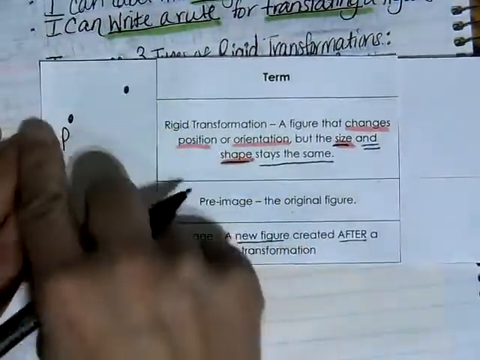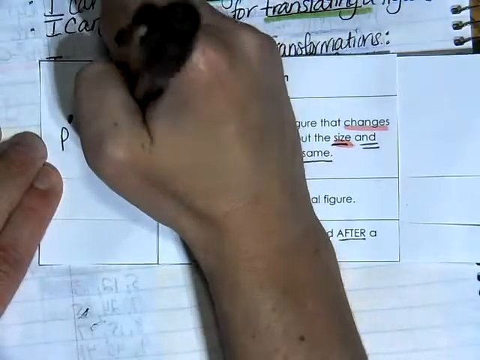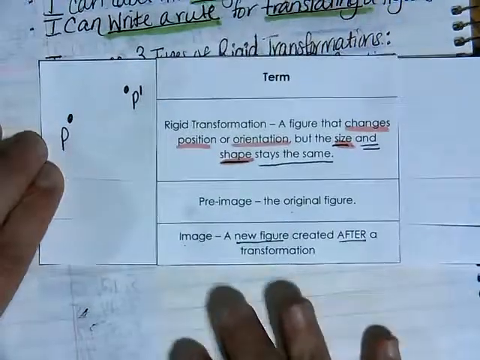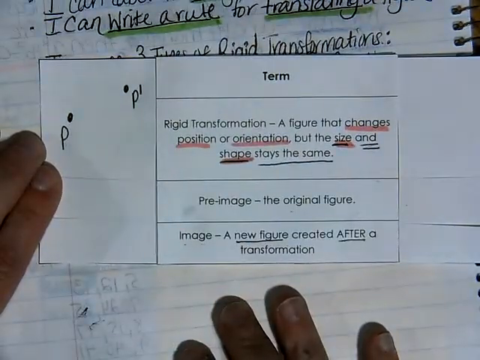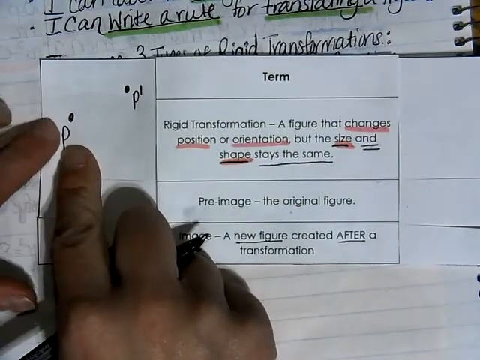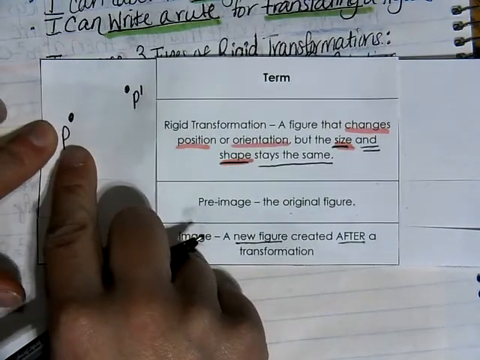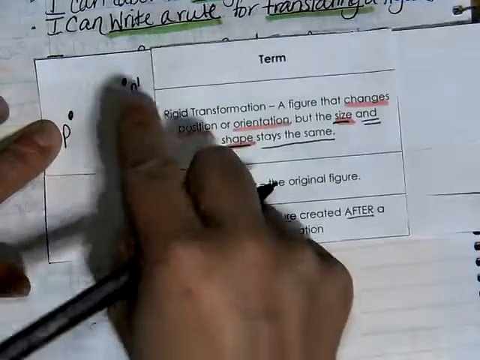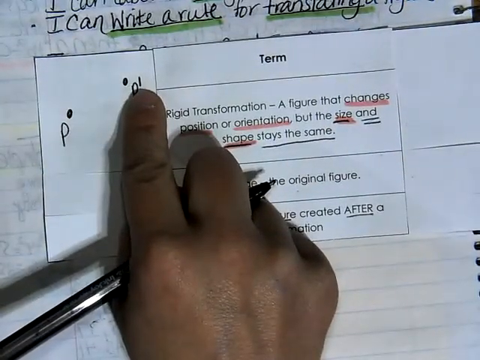In some way, we're going to move it. And now it is going to be called P prime. This is a transformation. It started off being in one position, and then it changed to another position.